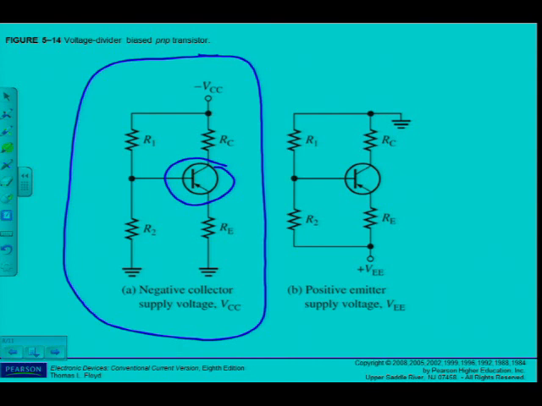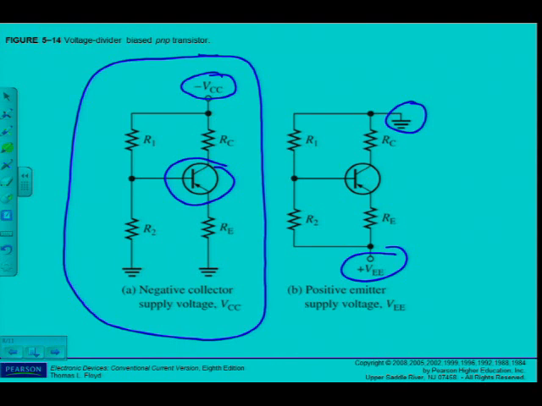And what is the thing that I told you previously was going to change? Polarities. So now I have a negative supply voltage. You do get other methods. You can see I can use a positive VEE and then I ground the collector. But let's leave that circuit now. I want you to concentrate on figure 5.14A. The circuit looks similar. You will see that the equations that we're going to use are similar. I just have to keep the polarities in mind.